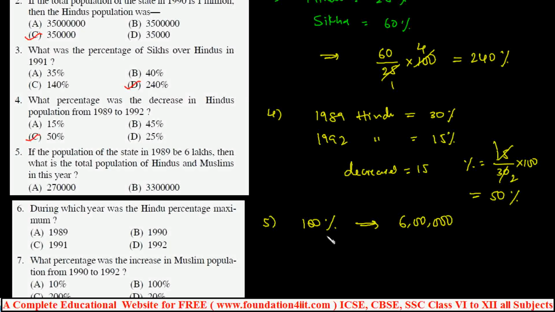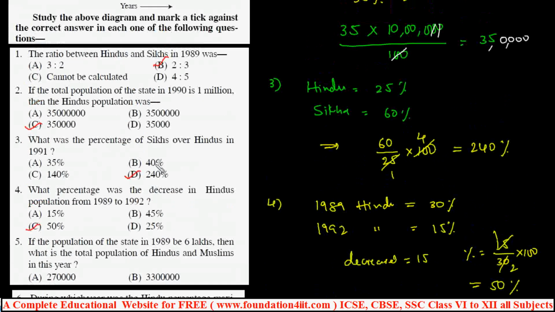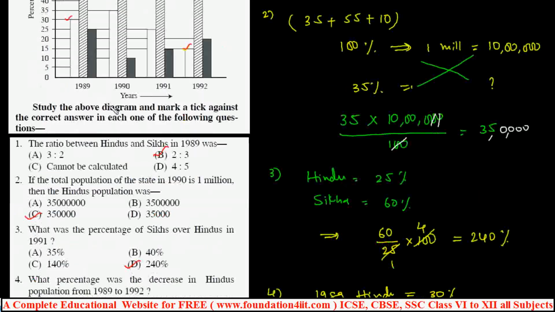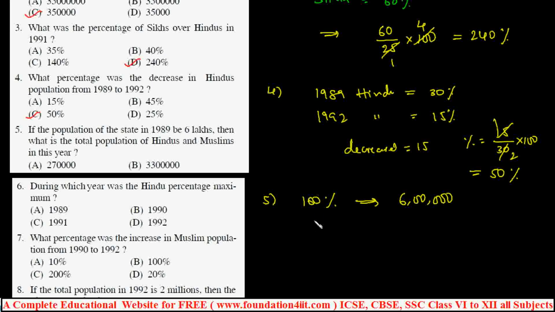And Hindus and Muslims together in that year 1989, Hindus and Muslims, 30 and 25, 55. So out of 55%, how much is it?